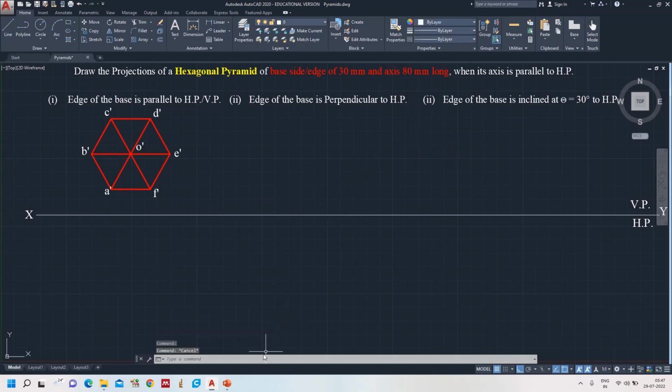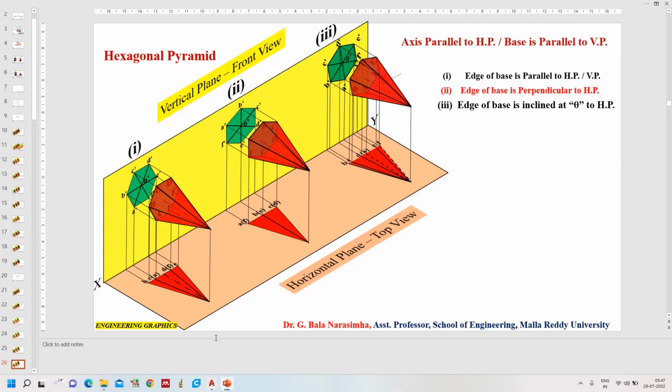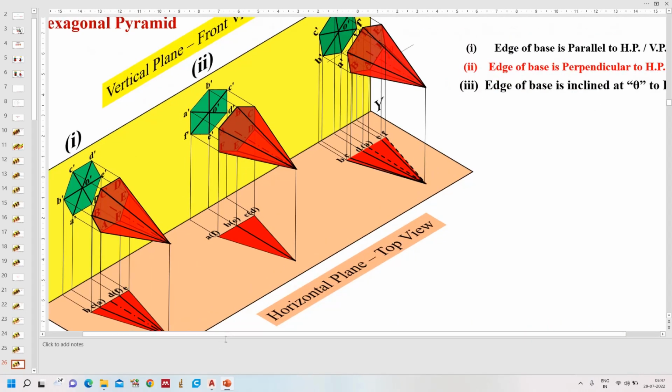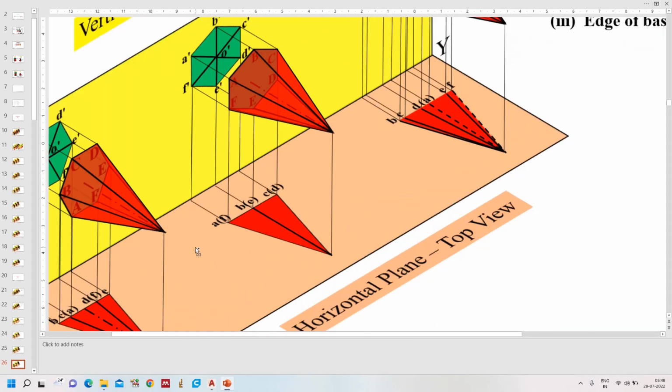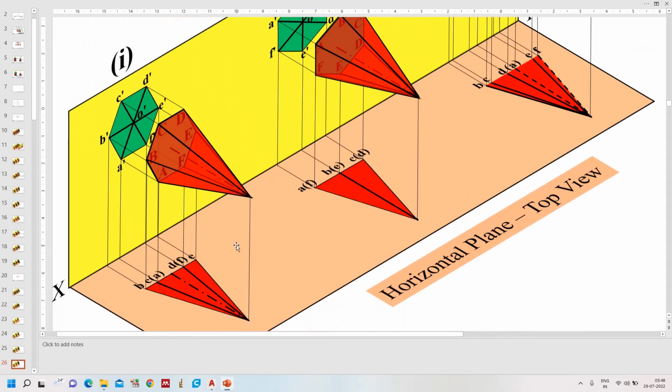Very good. Now when you see from the top, you can see that the edge BO is clearly visible to the observer, and CO, DO and EO are clearly visible. When you see from the top, these four edges are clearly visible, whereas the edges AO and FO are invisible. They should be represented with dashed lines.